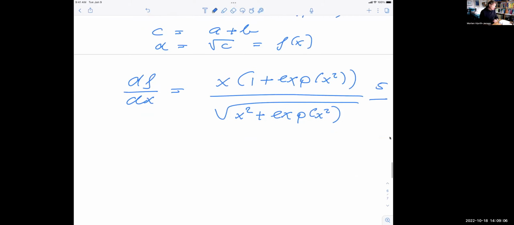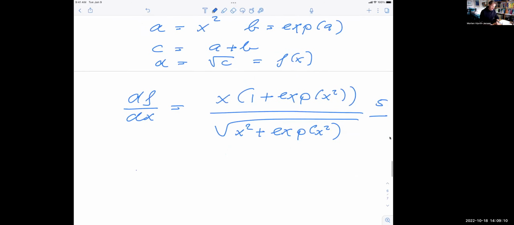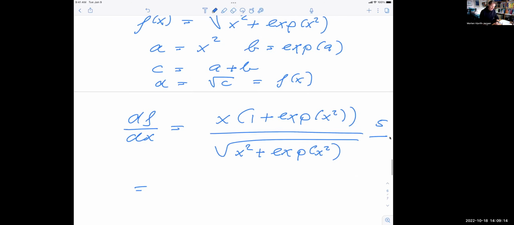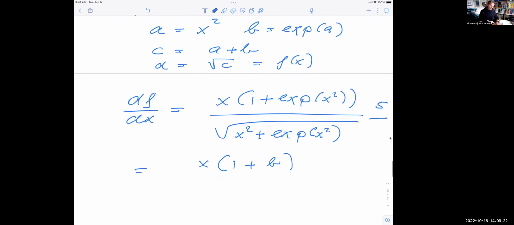Now if we use the simpler formula, this is also equal to x times 1 plus this quantity b, which is pre-calculated. So we already calculated that one in order to calculate the value of the function.